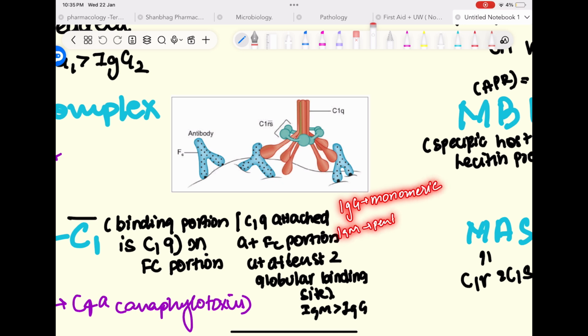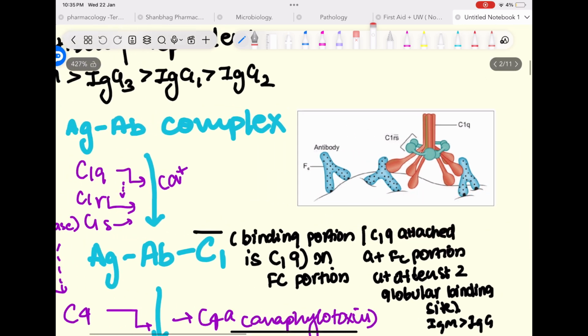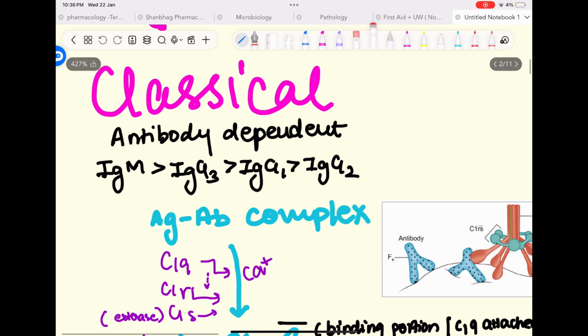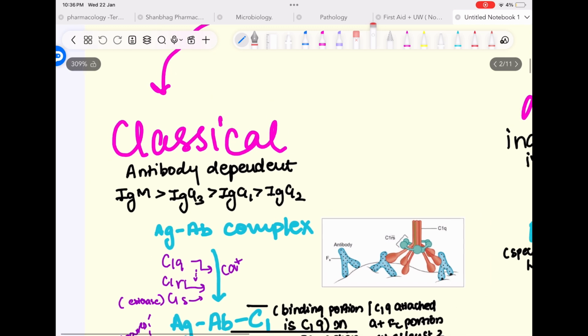Since IgM is pentameric and IgG is monomeric, with 5 sites where it can bind, only one IgM can activate the classical complement system, while we need 2 IgG for classical complement activation. Hence, IgM is more potent for activation of the complement system.